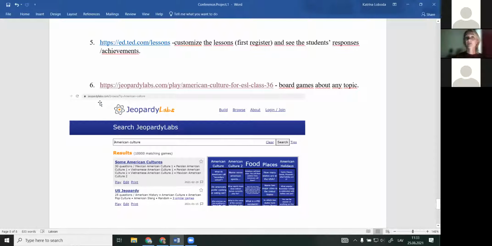If you go to jeopardylabs.com, click on browse and type any topic, it could be the current topic from your textbook, or if you teach about American culture or history, then you write the topic. There are thousands of games already, which are like templates, ready games. Of course, if you would like to create your own board game, you can do it, but you will have to get registered.